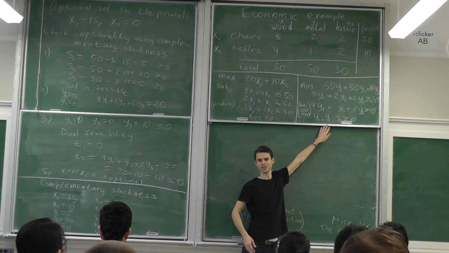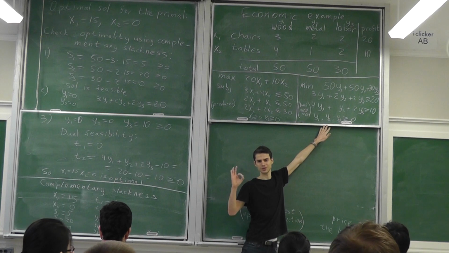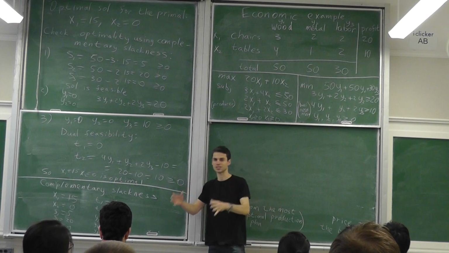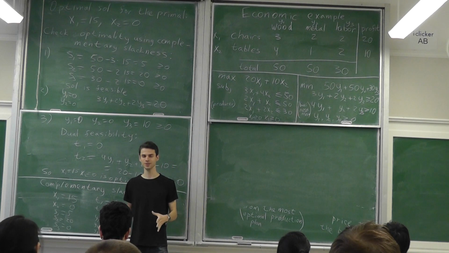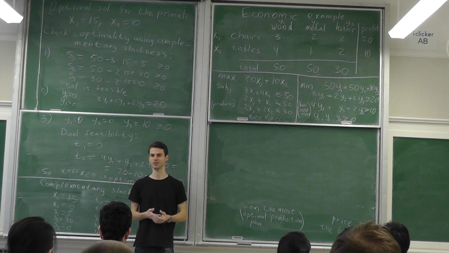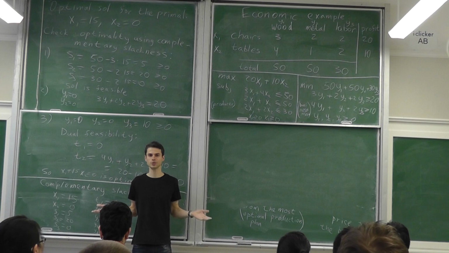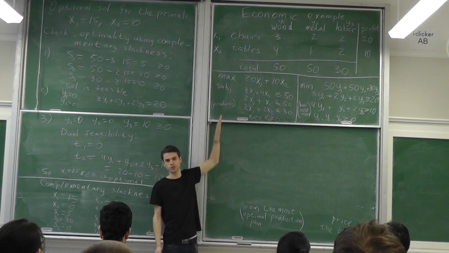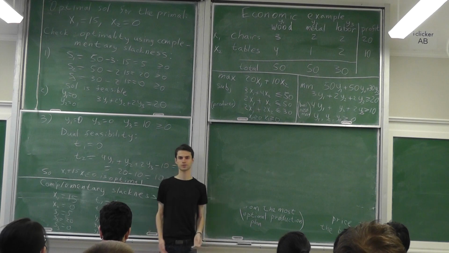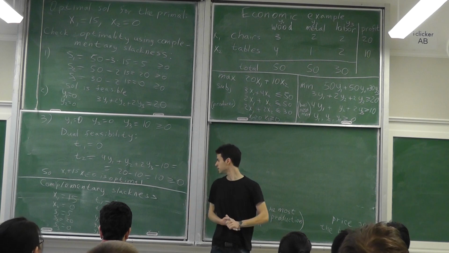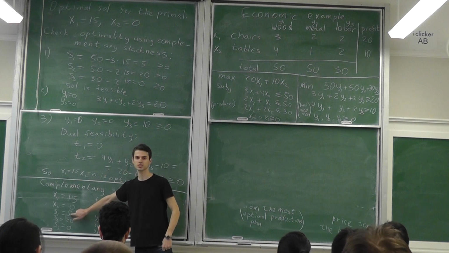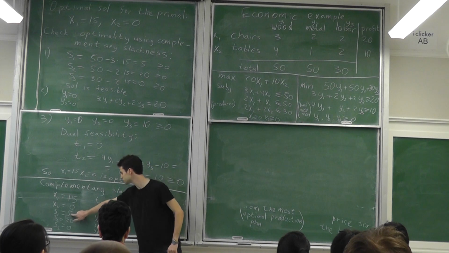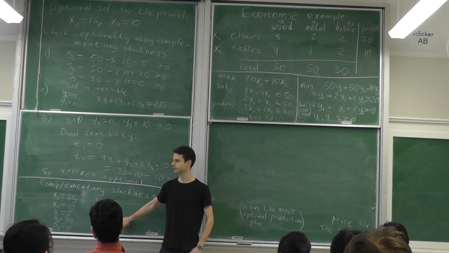He knows that you will actually agree even to 0. You still have this extra capacity of wood. Well, he tells you, give it to me for free. And you're forced to agree because you don't have anything to do with it. You can't convert it to chairs, you can't convert it to tables for profit. Well, you accept it. So this extra capacity in wood converts to 0 price for the wood.